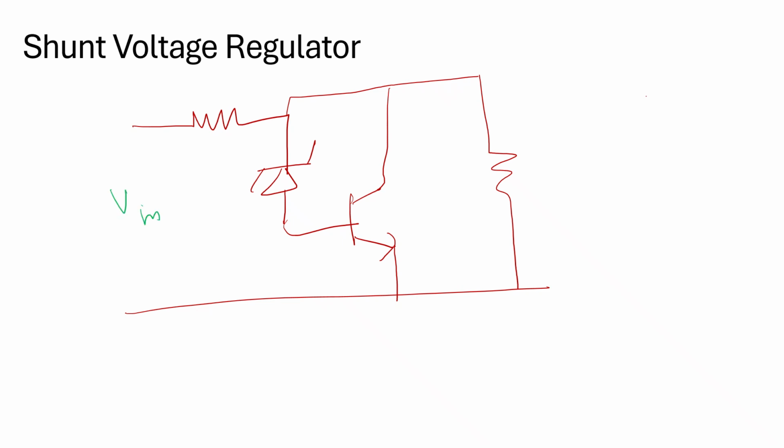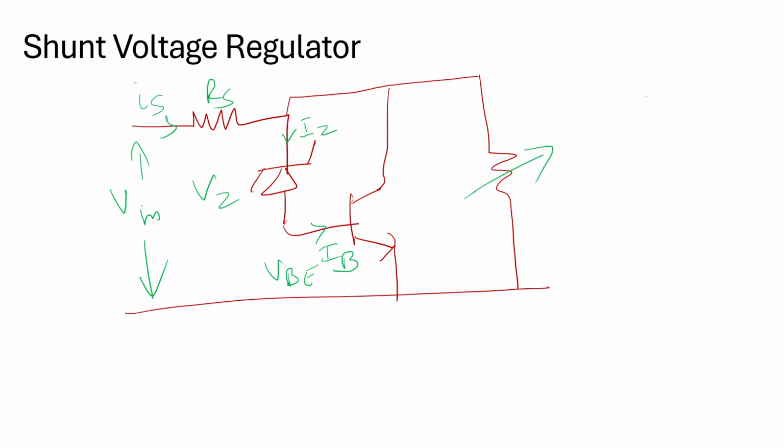The input voltage Vin, source resistance Rs, current Is flows into the circuit. Vz is the voltage across the Zener. Iz is the current in the circuit. Ib is the base current and Vbe is the base emitter voltage.